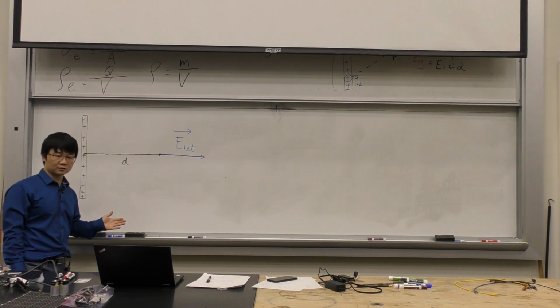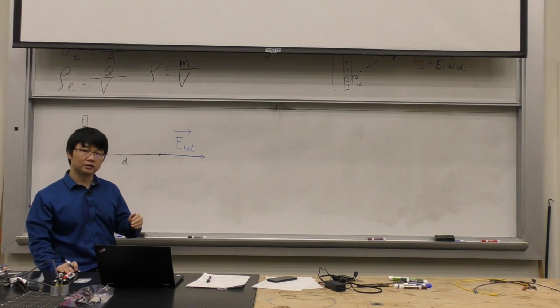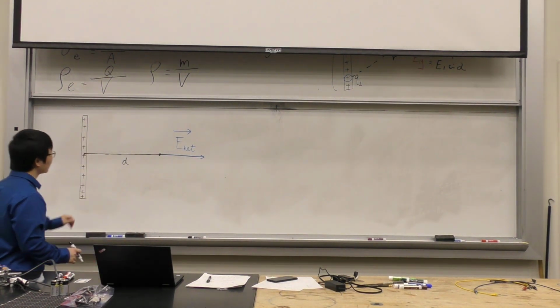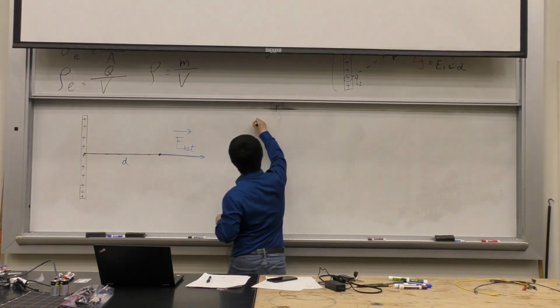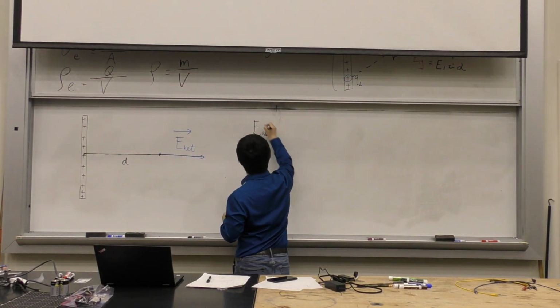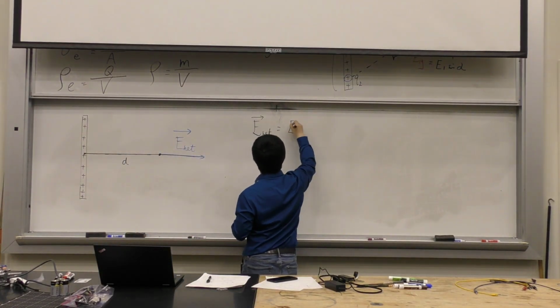So next, I'm just going to focus on the x component. So the net electric field only has an x component, so I can write it this way.